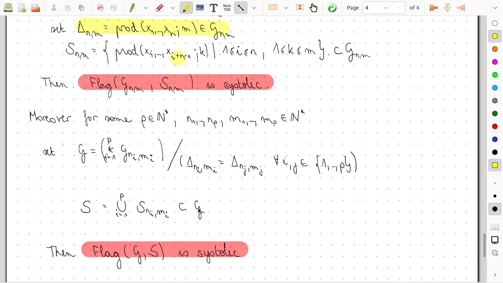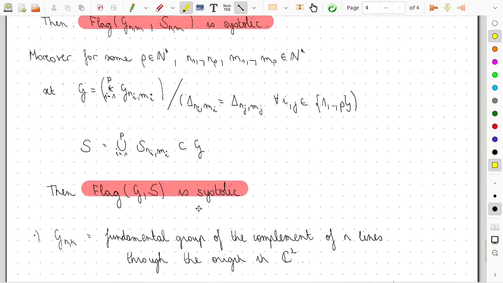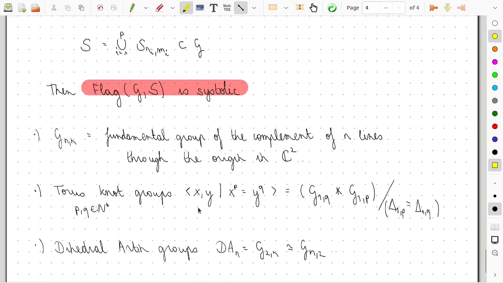Let me finish by giving you some examples of such groups. The group G_{n,2} corresponds to the fundamental group of the complement of n lines through the origin in the complex plane. Torus knot groups, which have the presentation with generators x and y and relation x^p equals y^q, for some positive integers p and q, are a group of this form by using this equality.